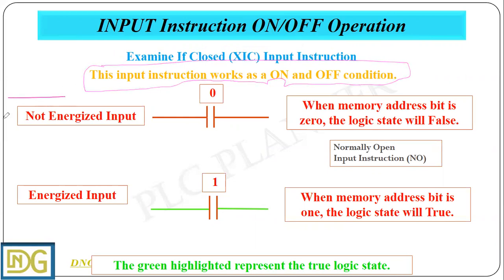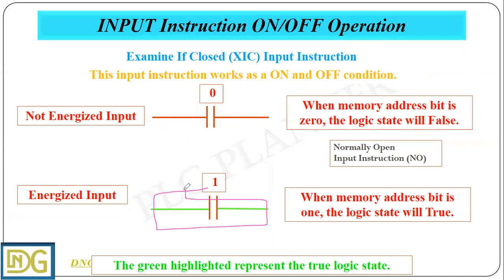When not energized, when we put this symbol in our program, it will show not energized. And when energized, when we press this input instruction in our program, it will show the number one, and this number represents our true logic.